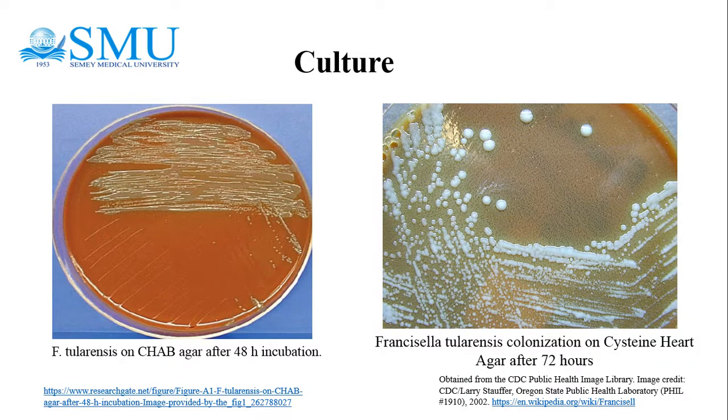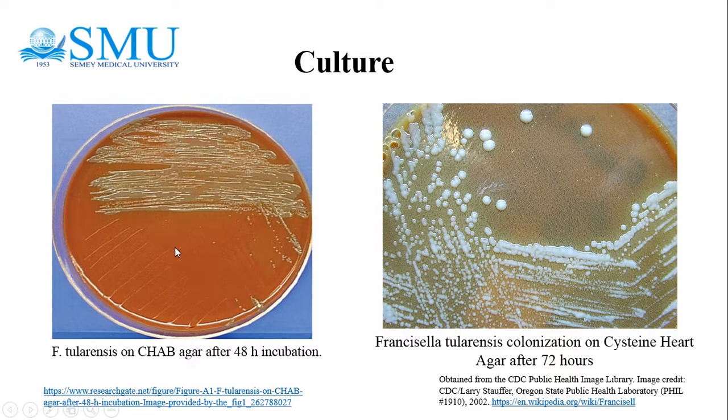And the culture characteristics of Francisella tularensis: isolation is very difficult, as Francisella tularensis is highly fastidious. It needs special media such as blood cystine glucose agar and cystine heart agar supplemented with 9% heated sheep blood.